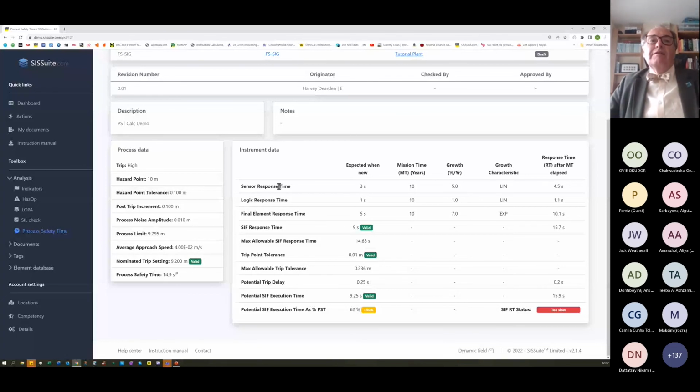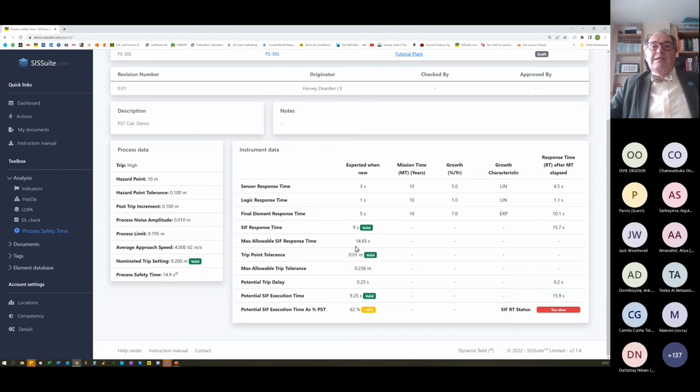And for each subsystem here, sensor, logic, final element, we declare what the response time is when newly installed. Okay, 3 seconds for the sensor subsystem, 1 second for the logic subsystem, 5 seconds for the final element. That gives us an overall SIF response time of 9 seconds, which is found to be valid.